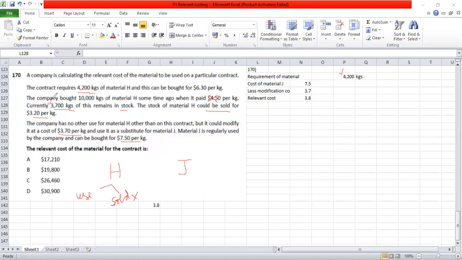So J material is regularly used and 7.50, 3.7 is the relevant cost which is talking about. So the relevant cost part of it is fine. But this rate is applied for how many kgs? So that is the point I am looking at.